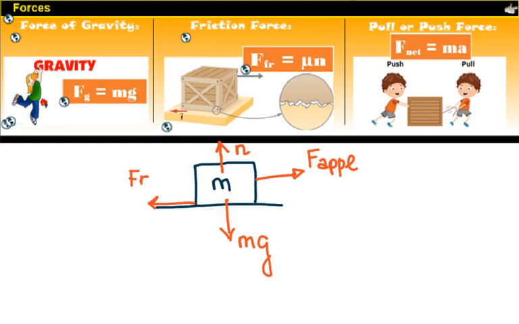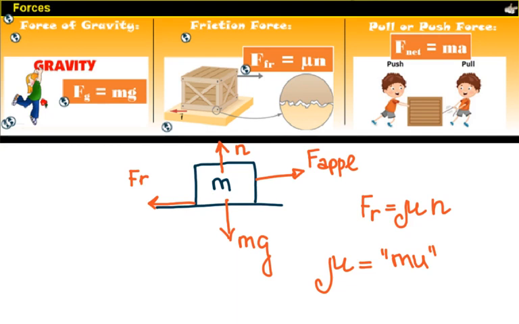And the friction force has its own formula. So the friction force is equal to mu times N. How do I write this letter mu? It's like U with a little tail. So it's something like mu. And this is the coefficient of friction.